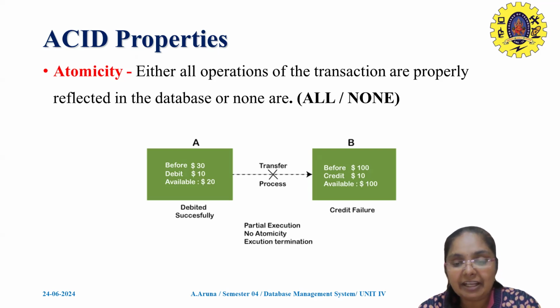If none of it takes place, then there is no atomicity, and your database must be consistent. Is it clear? Because it doesn't do any operation, here it is debited but it will not be credited over here. Again it is unsuccessful, and it rolls back to my home page. So your amount will be recredited to your account A itself. So this particular property we call ACID properties.